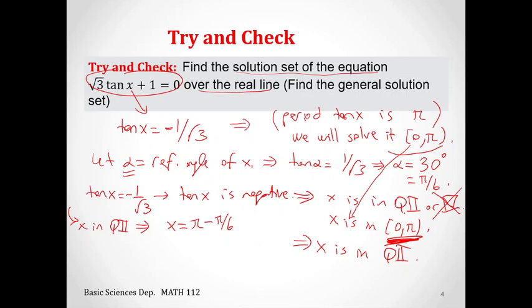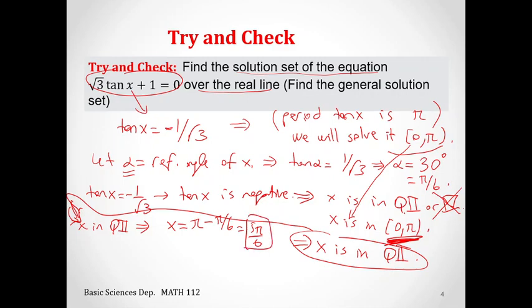So x is 5 pi over 6. Then we found the solution on 0 to pi is just 5 pi over 6.